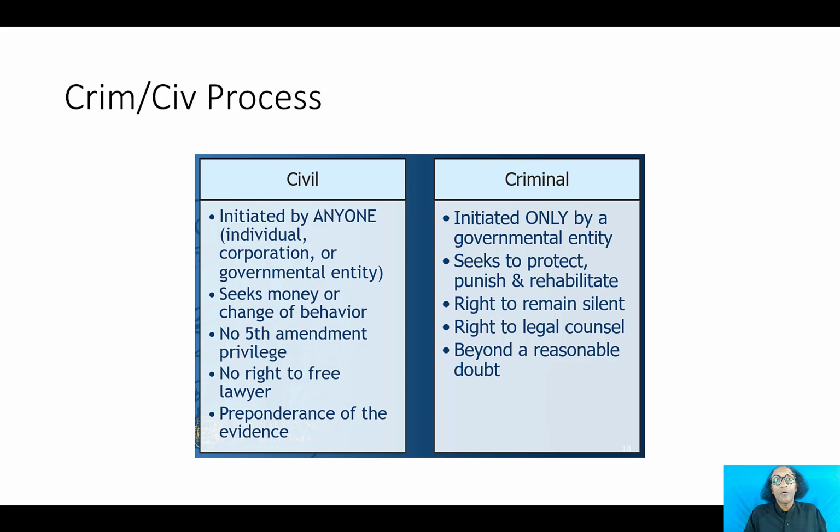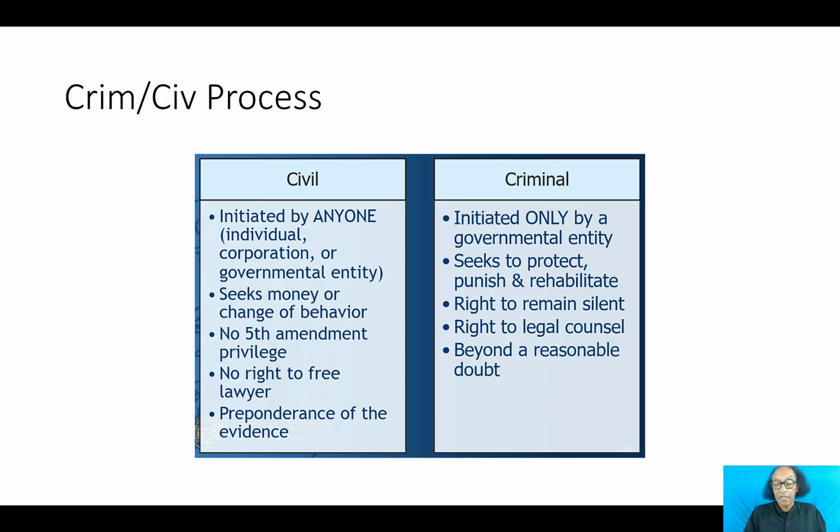So if there is a whole bunch of evidence against the defendant, but there is one very important piece of evidence over which the jury has doubt, then they have to find the defendant not guilty. So that's the standard of evidence we call beyond a reasonable doubt.